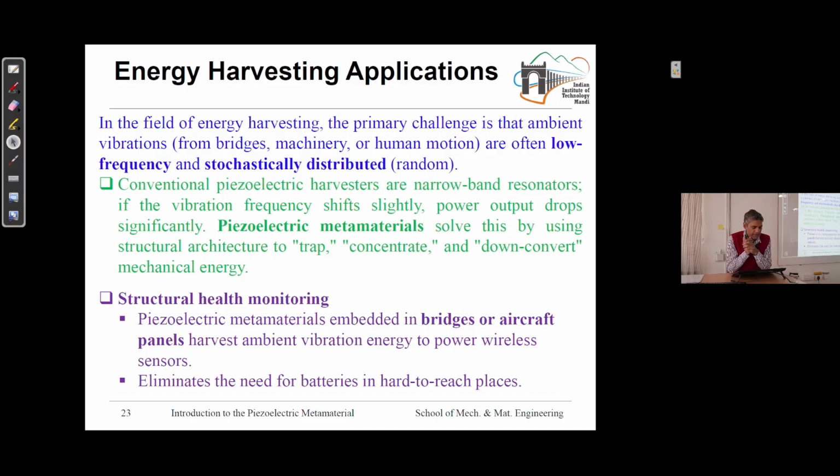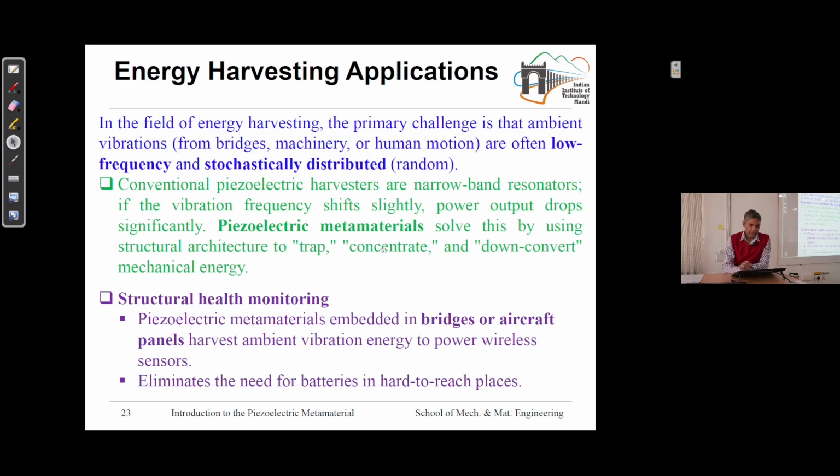For this purpose, piezoelectric metamaterials are very suitable. Conventional piezoelectric harvesters are narrow band resonators. If the vibration frequency shifts slightly, power output drops significantly.